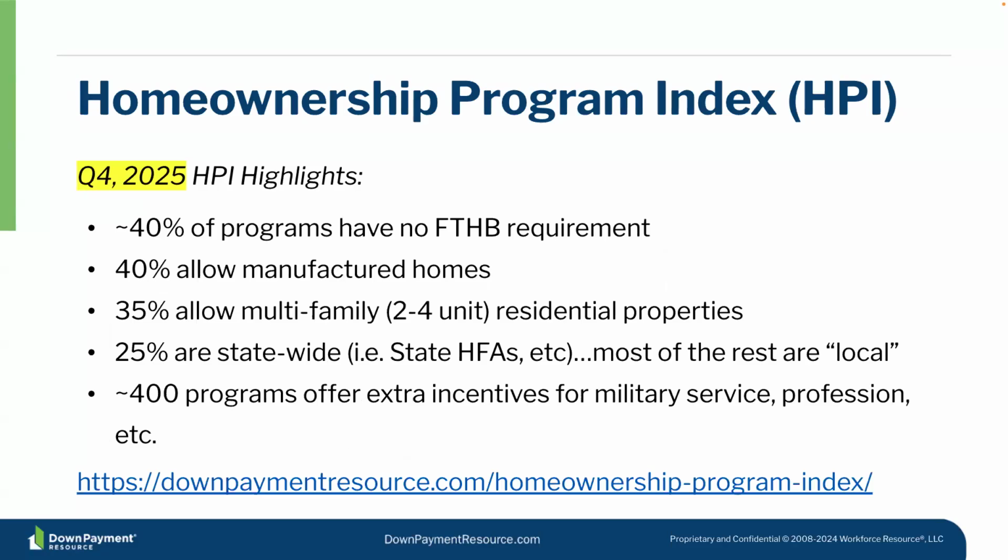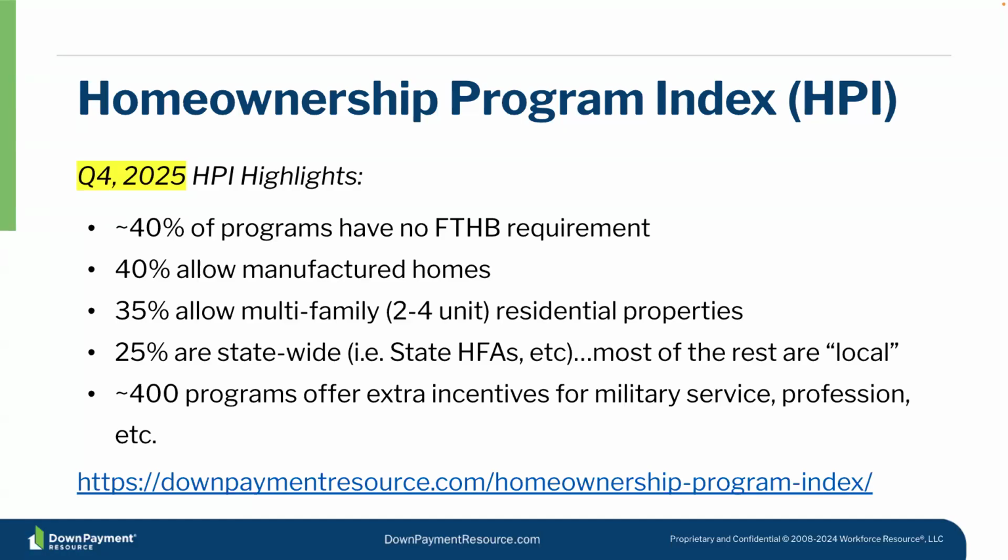So here we have a breakdown of our Q4 2025 homeownership program index report. As I mentioned earlier, the index report, which is published quarterly, offers a snapshot of trends. And over the past few years, we've observed a net increase in the number of programs hitting markets across the country.